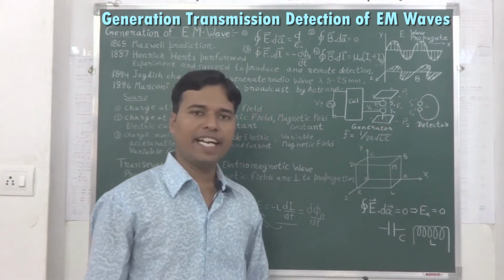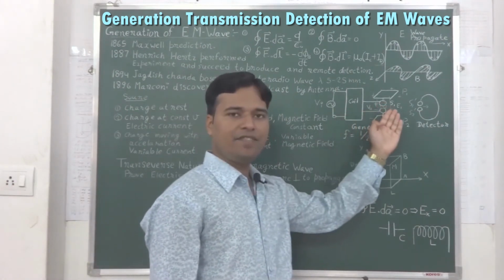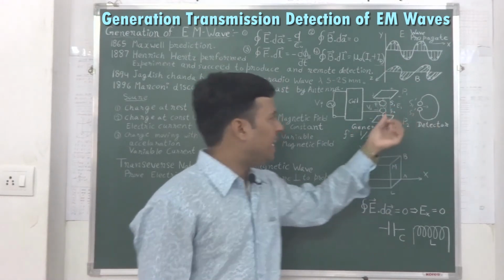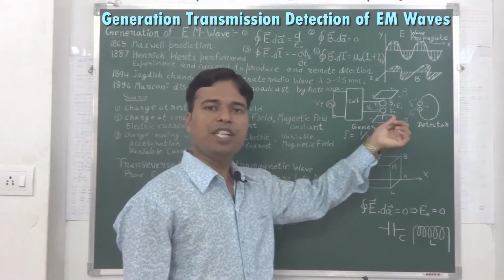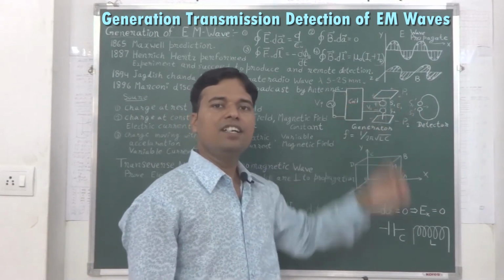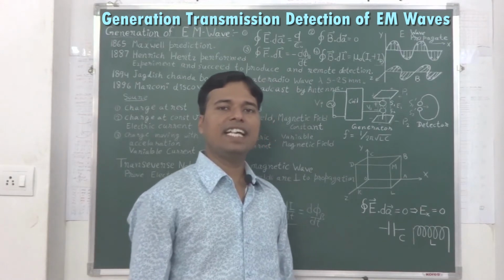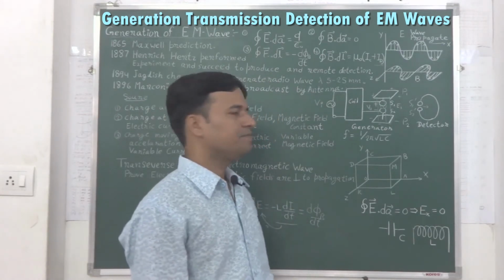So he found that an electromagnetic wave can travel from one place to another, and an electromagnetic wave can be generated by time varying electromagnetic field or time varying electric and magnetic field.